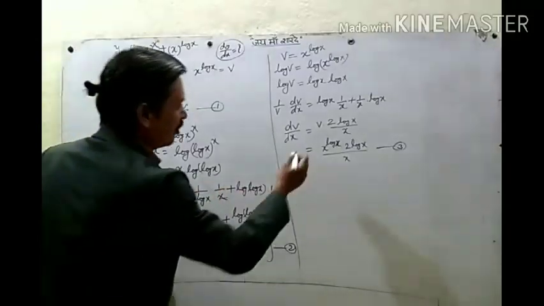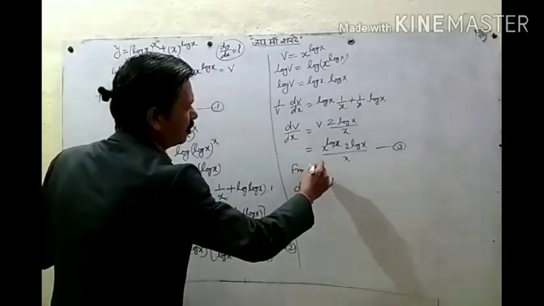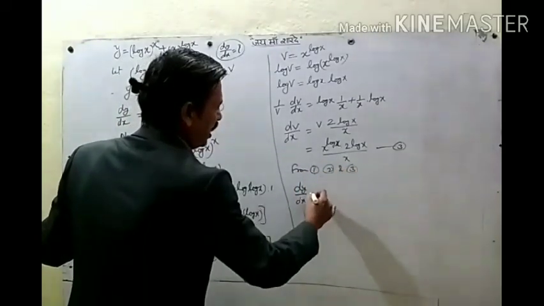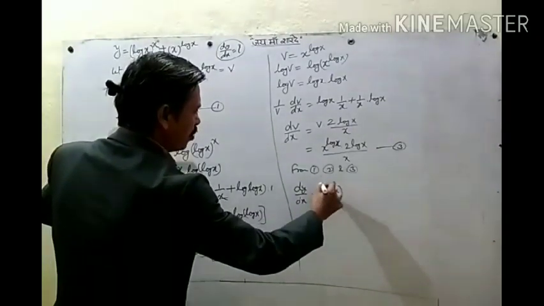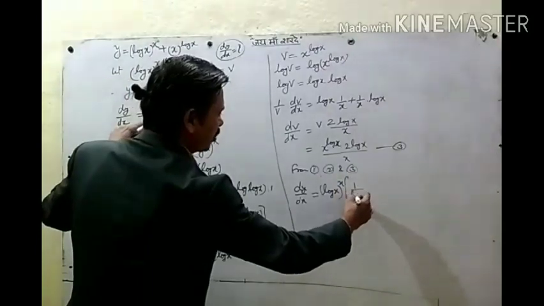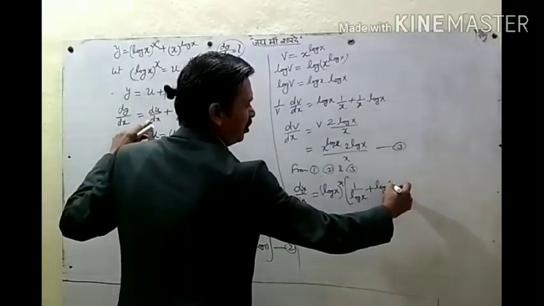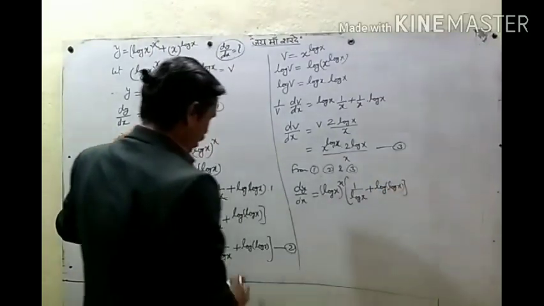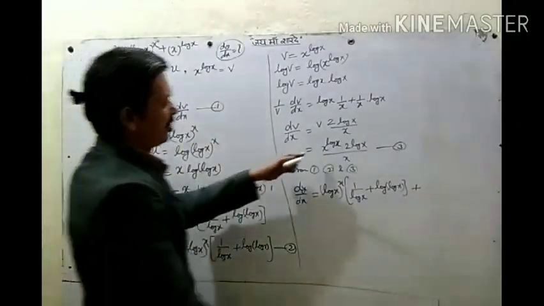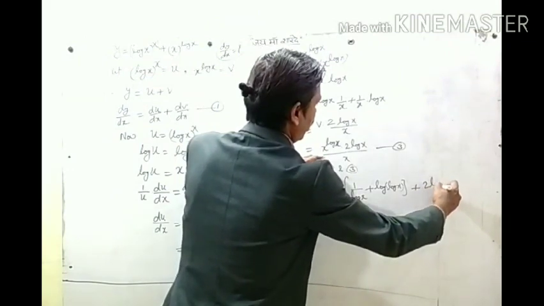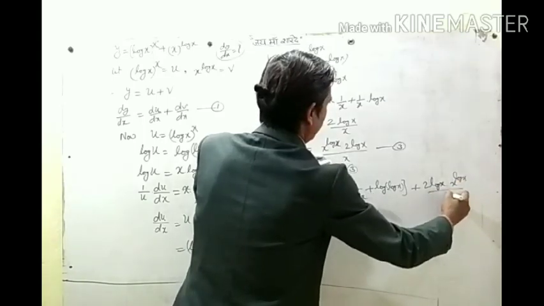So we get from 1, 2 and 3, dy by dx will be log x to the power x into 1 by log x plus log of log x, plus dv by dx, that is 2 log x into x to the power log x upon x.